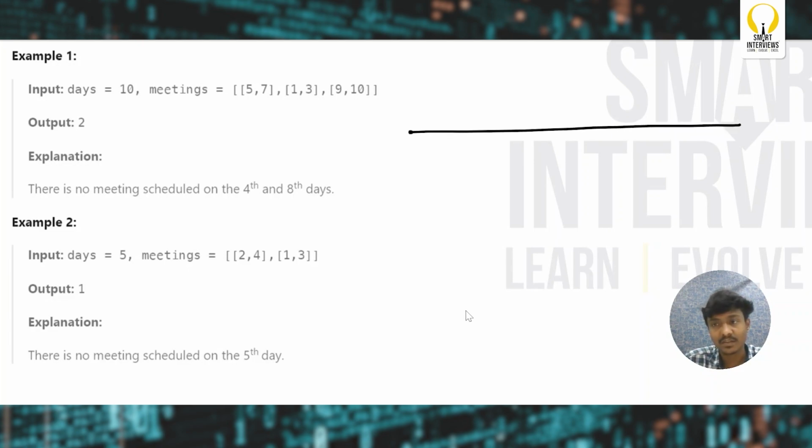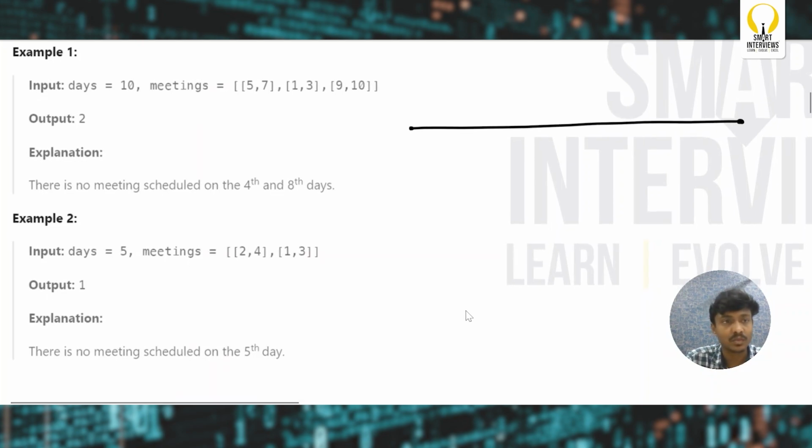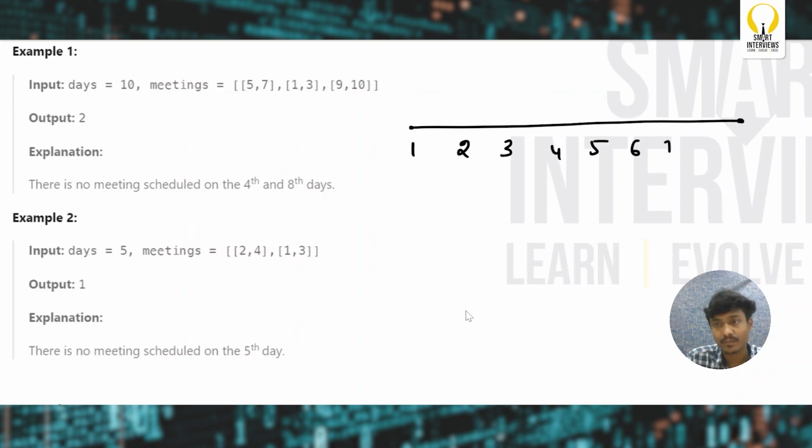Okay. Let's try to represent this on a number line, to better visualize the problem statement. What is the first interval saying? There is a meeting from 5 to 7. And what is the second interval saying? There is a meeting from 1 to 3.